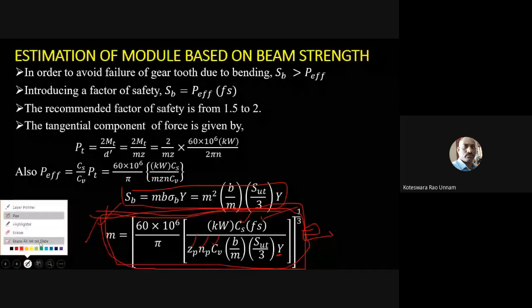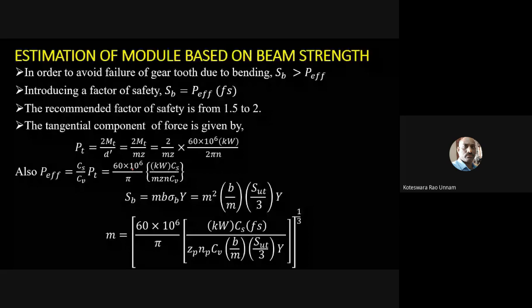Before estimating this module, first we'll find out the equation for the wear strength. Similar to how we derived the expression for the beam strength, in a similar manner we'll derive the expression for the wear strength. Then, based on that wear strength, we'll find out the equation for the module when considering the wear strength also.